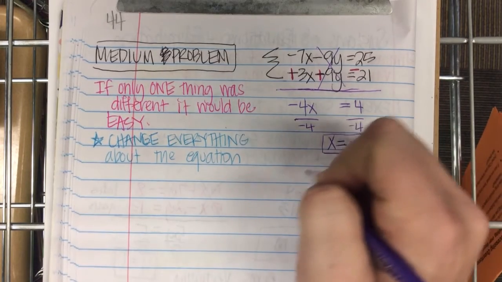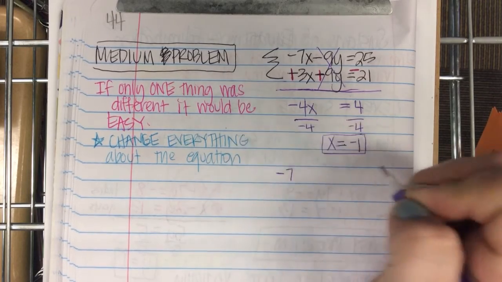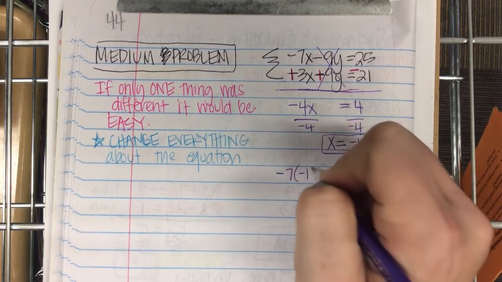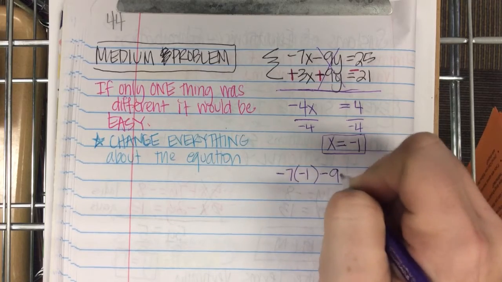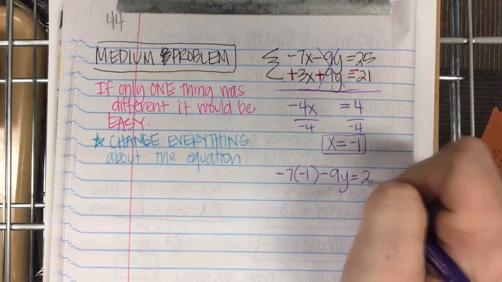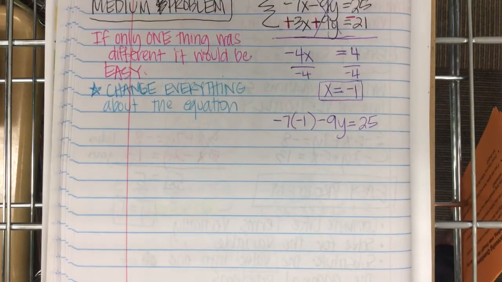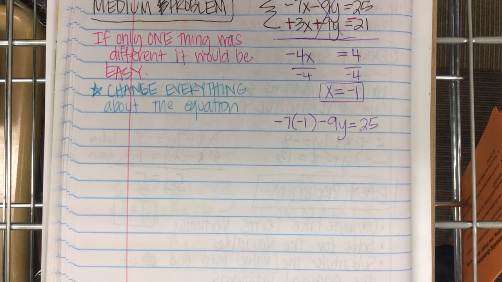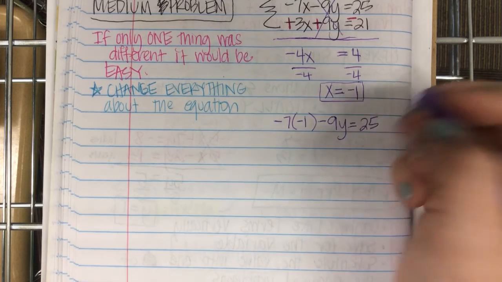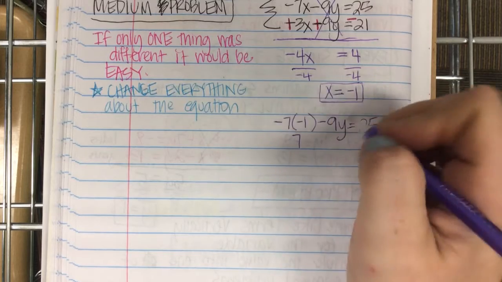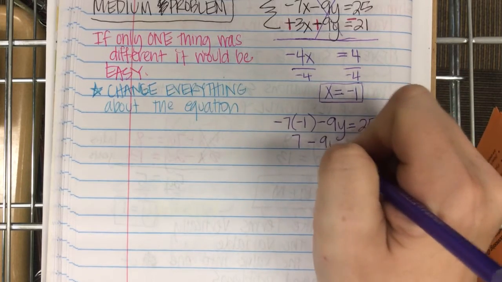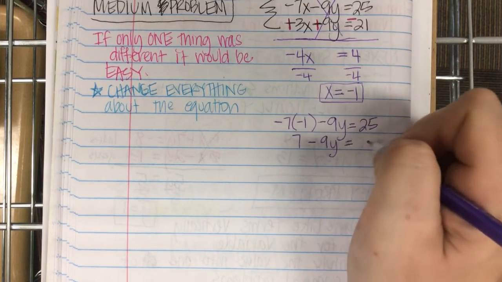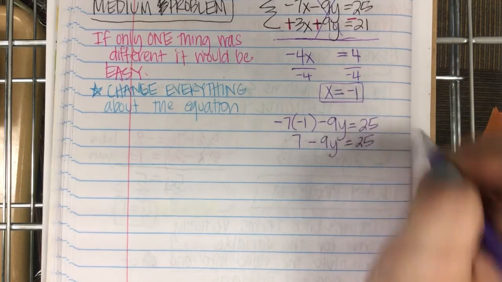Okay, top. So -7 times -1 minus 9y equals 25. Which is 7 minus 9y equals 25.